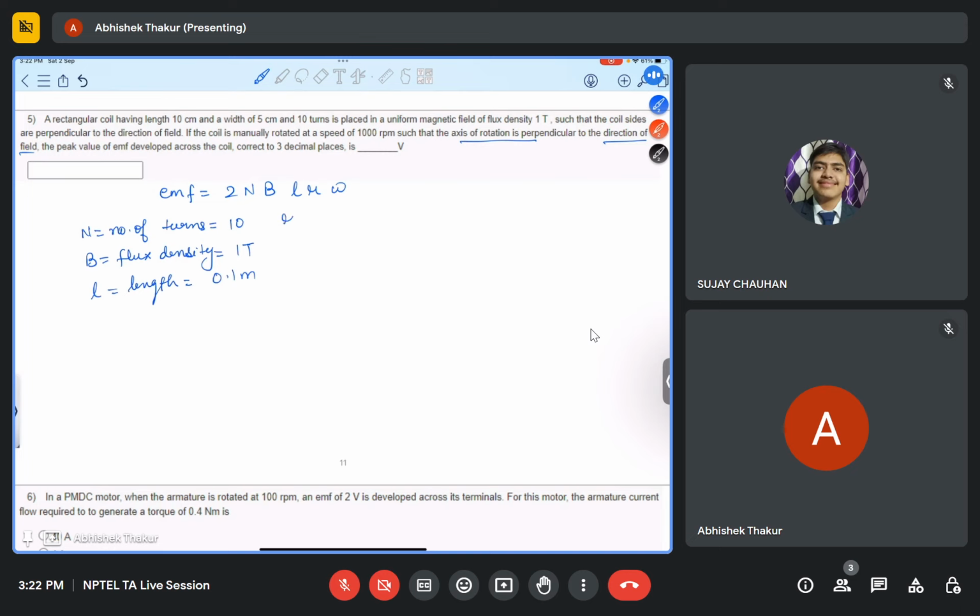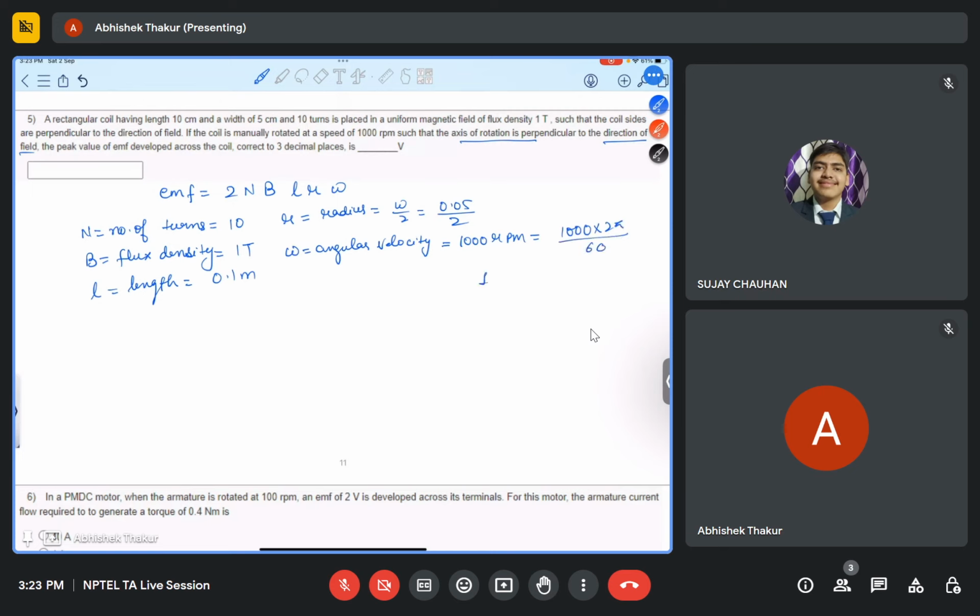And after that, R is equal to radius, that is equal to width by 2, that is equal to 0.05 by 2. And then omega is equal to angular velocity, so that is equal to 1000 rotation per minute. So that is equal to 1000 into 2 pi divided by 60.